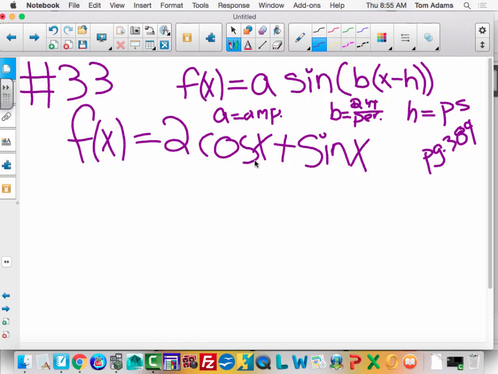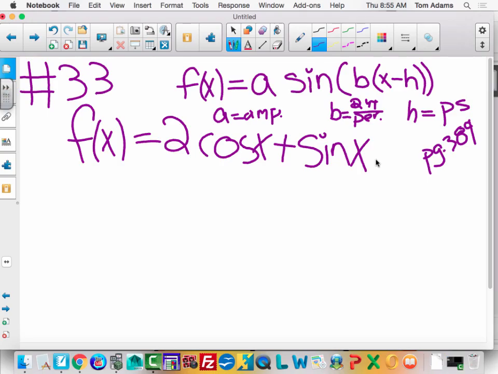But because they have the same periodic behavior, in other words, there's a 1 in front of this x and a 1 in front of this x, and normally sine of x has a period of 2 pi, cosine of x has a period of 2 pi, these are going to kind of grow and shrink together in a way that is what we call a sinusoid.